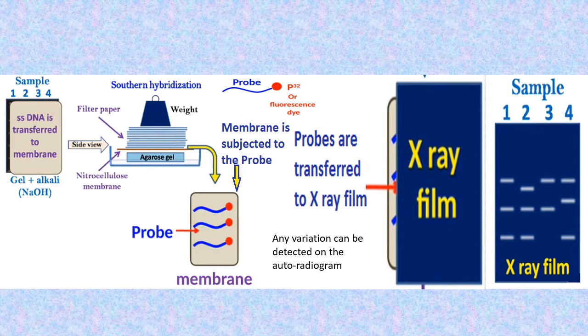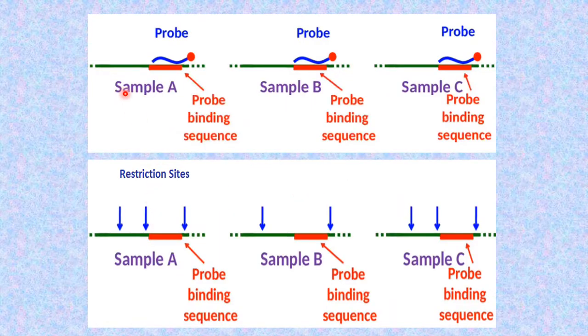So our DNA stretch has the complementary sequence to the probe, and along with these probe binding sequences, it also has the recognition sequence for some particular restriction endonuclease enzyme.